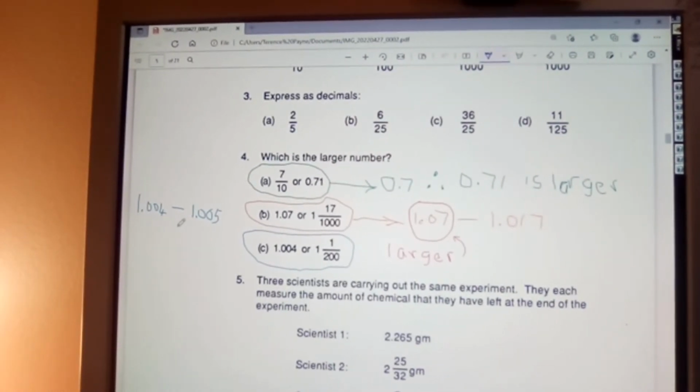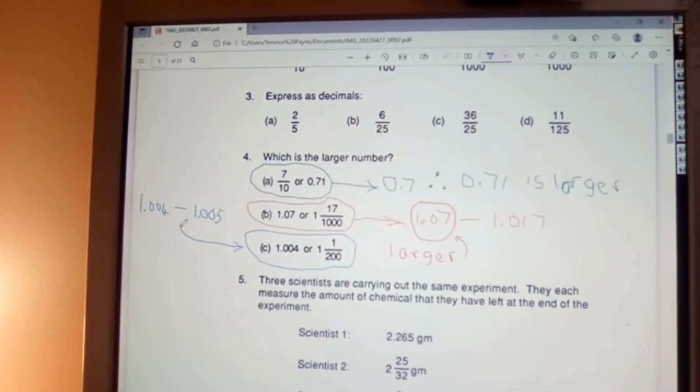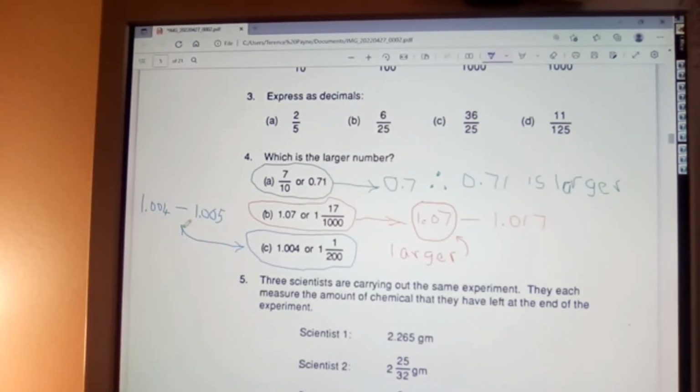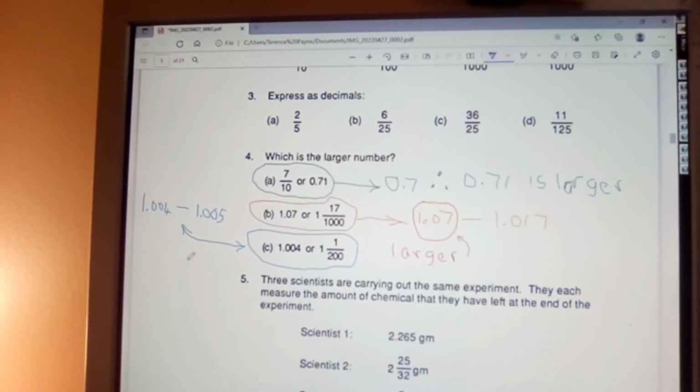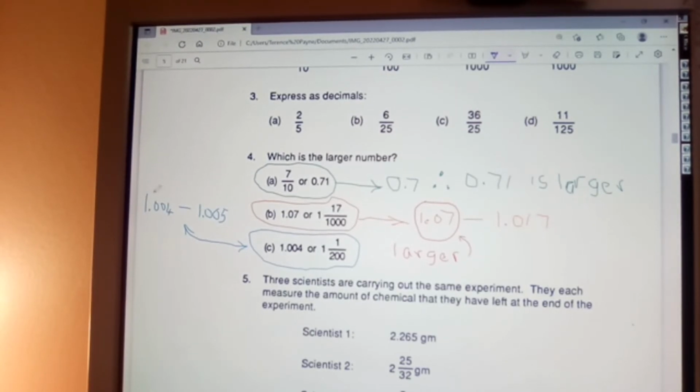And this one refers to this here. Yes, this is larger.